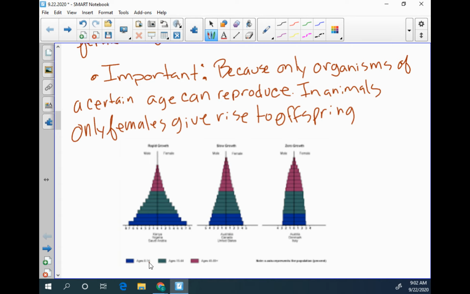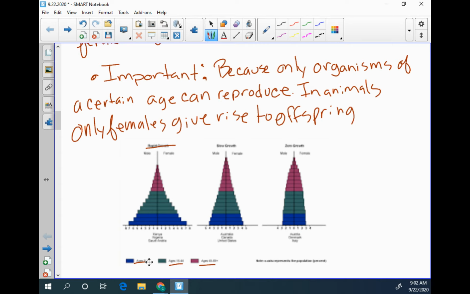So we've got ages like 0 to 14, 14 to 46, and 46 plus. Essentially, we've broken it down to pre-reproductive age, reproductive age, and post-reproductive age, which is often the way it's broken down. In this population, it says that it is in rapid growth.